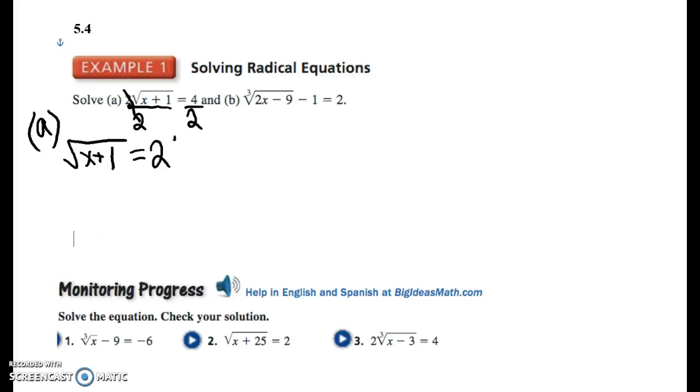Now I want to go to my square root of x plus 1, and I want to get rid of the square root. So that means I have to raise both sides to the power of 2. So now I have x plus 1 equals 4, and I subtract 1 from both sides to get x equals 3.